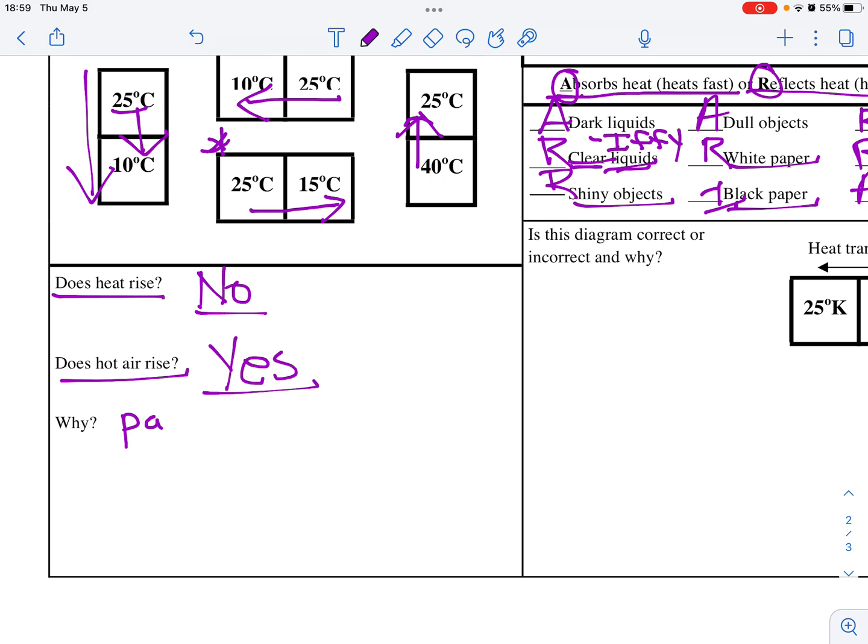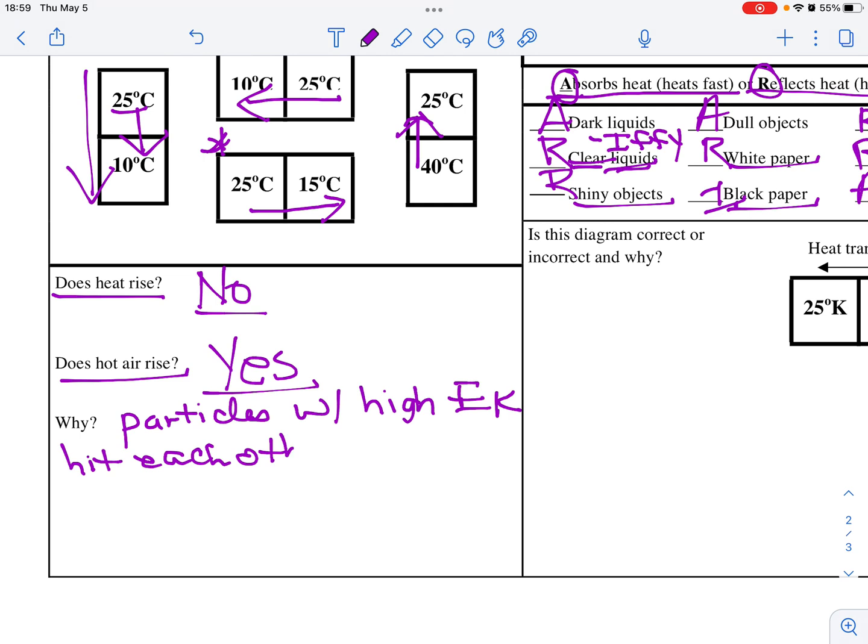So the particles with high kinetic energy hit each other harder when they run into each other and get further apart.